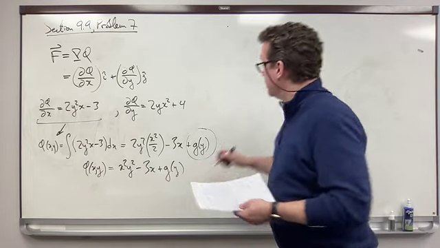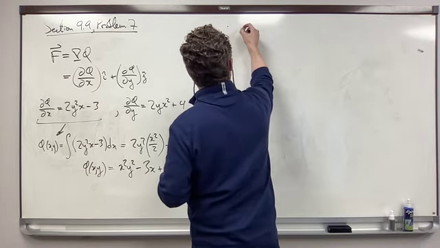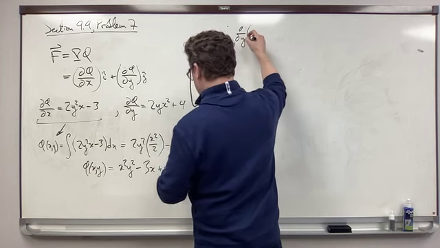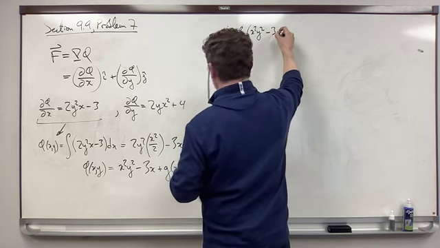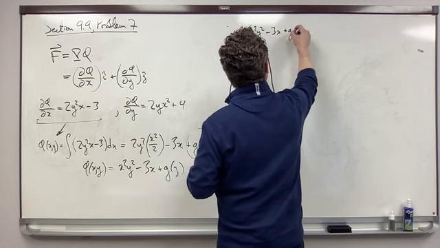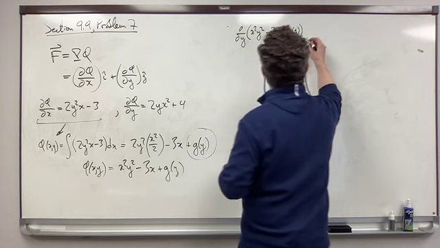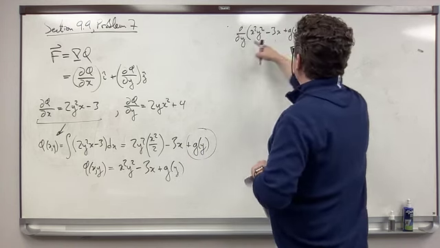So let's take the y derivative of this thing. The partial with respect to y of what I've got so far, x squared y squared minus 3x plus g(y). And let's just evaluate that for a second.